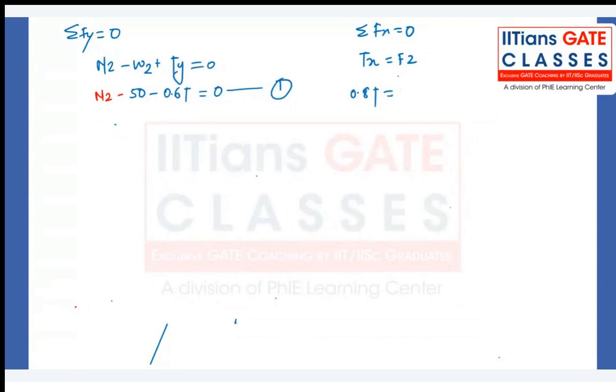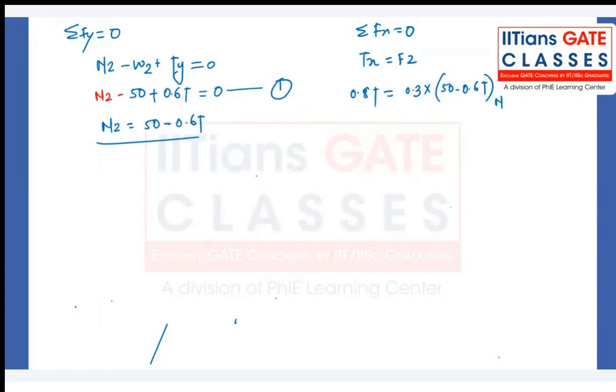N2 is 50 minus 0.6 T. So F2 is 0.3 into (50 minus 0.6 T). So 0.8 T is equal to 0.3 into (50 minus 0.6 times T).